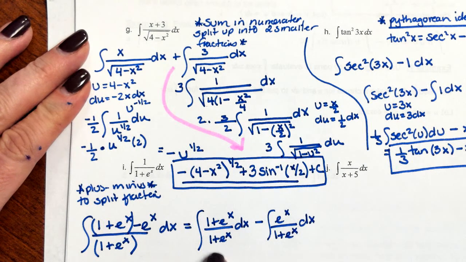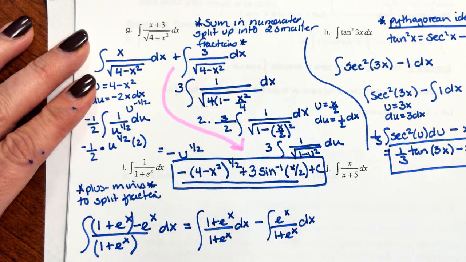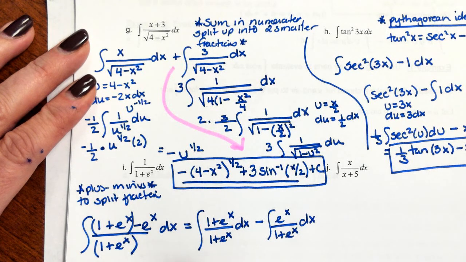By doing this, notice when you take the numerator and divide it by itself, you're just going to get a 1. Minus. Now notice you've got your e to the x in the numerator and e to the x in the denominator. So now we're going to be able to do a u sub that I wasn't able to do before.